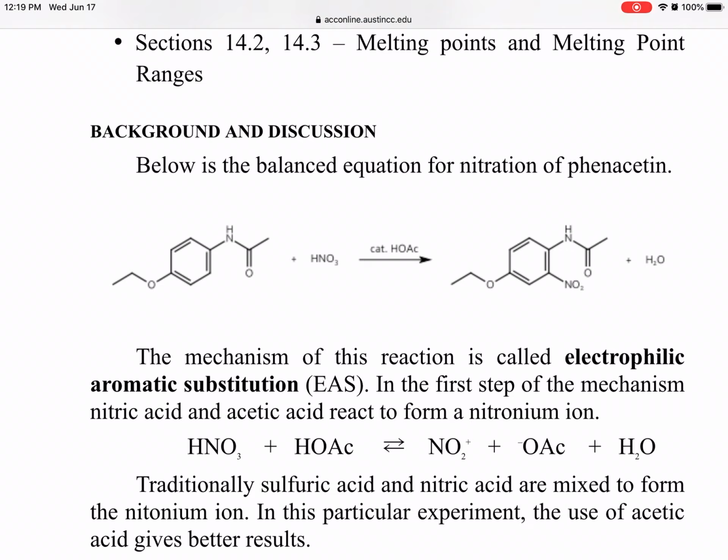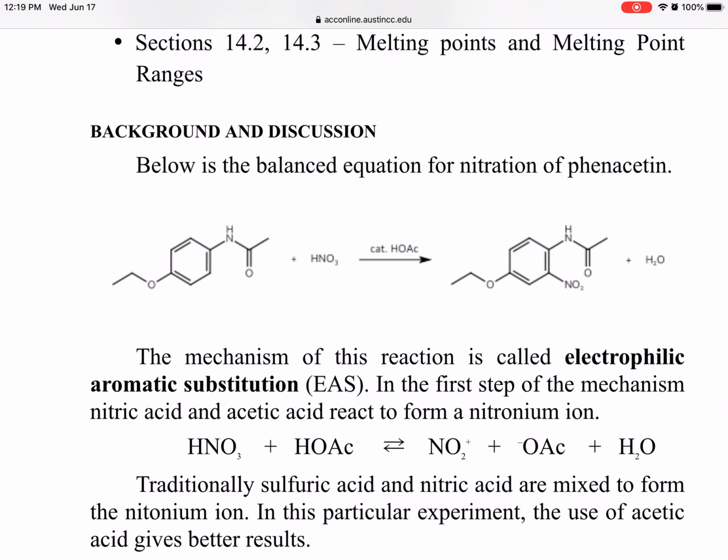Sometimes you can also call it the second position. If you give the number 1 to the carbon bearing the nitrogen, that's number 1, and then the second position is NO2. Sometimes it can go to the third position too, but with the experiment conditions that we are doing here, it will only attach to the second position.